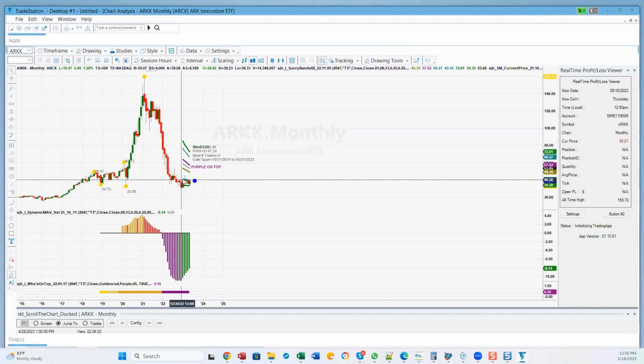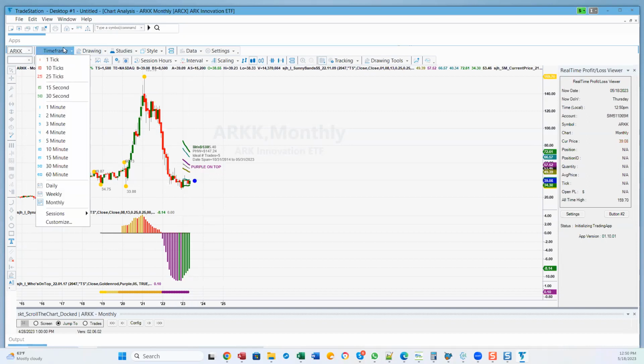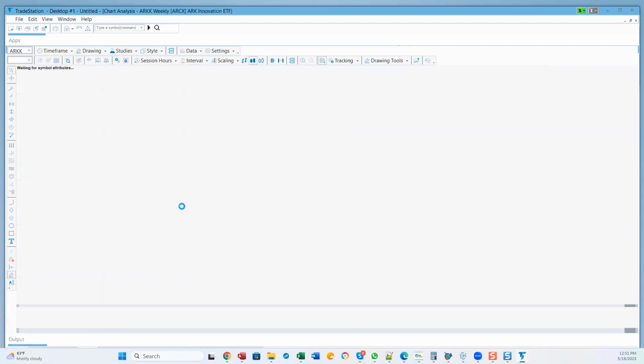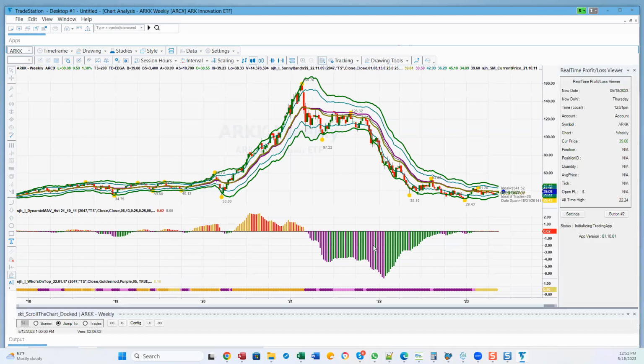She's just languishing here in the middle of nowhere doing nothing. If we change this to a weekly, we'll get the Sunny Bands back. There wasn't enough data to calculate that. Okay, so we draw horizontal lines, and right through there, that's the attractor.